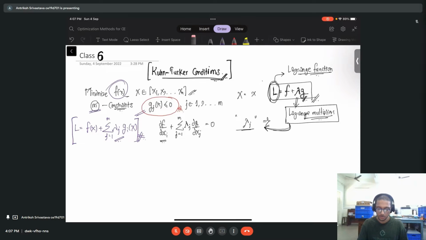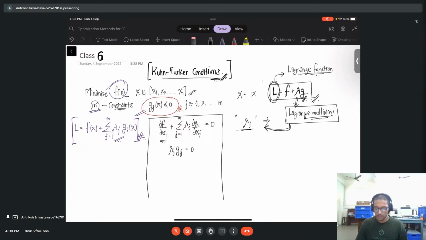That's how we get these conditions. Okay, so let me not go into the detail of the derivation. Let me just state the conditions. The first condition is that the first differential of this function f plus the lambda times the first differential of these constraints should be 0. Then the second condition, lambda_j times g_j is equal to 0.